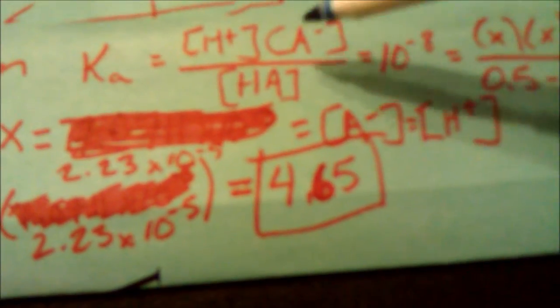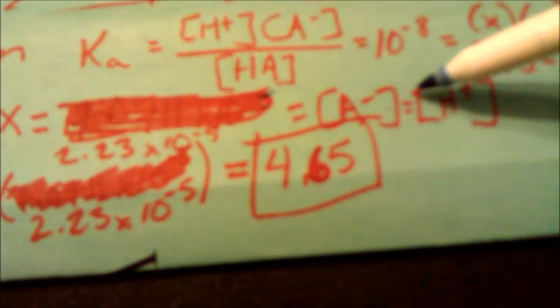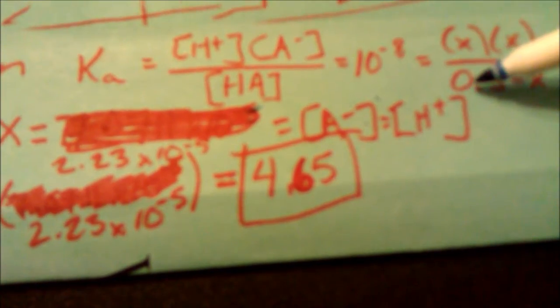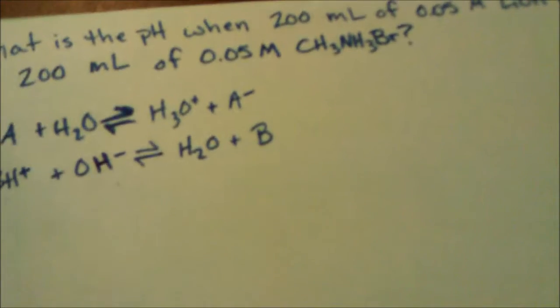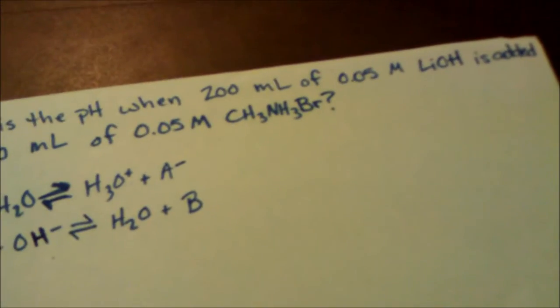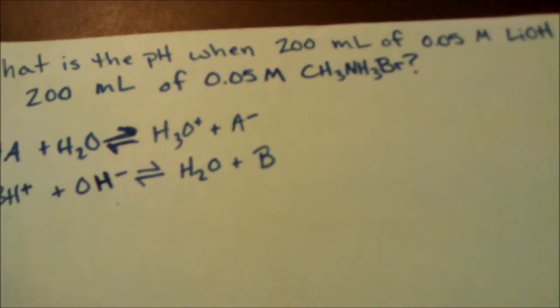Problem number 15 told us that at equilibrium we have 2.23 times 10 to the negative 5 molar conjugate base and hydronium, and that is more than 3 orders of magnitude away from the concentration of both species that I'm starting with in this problem.